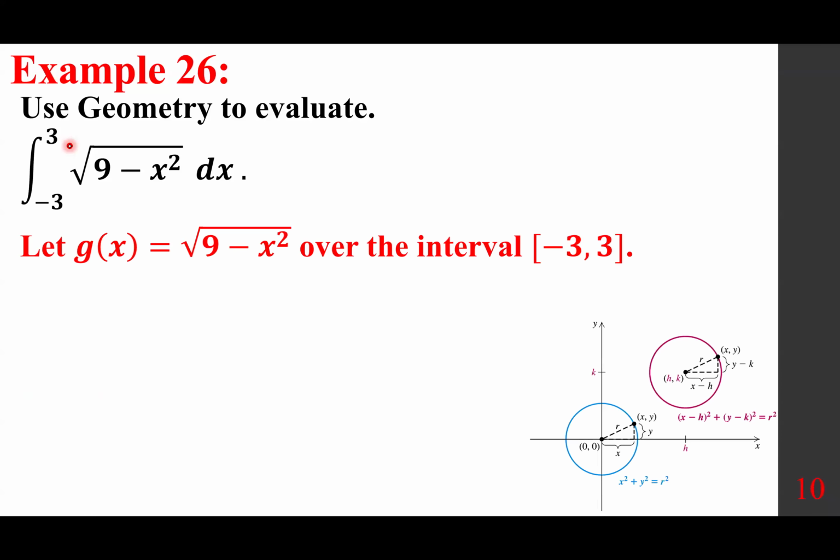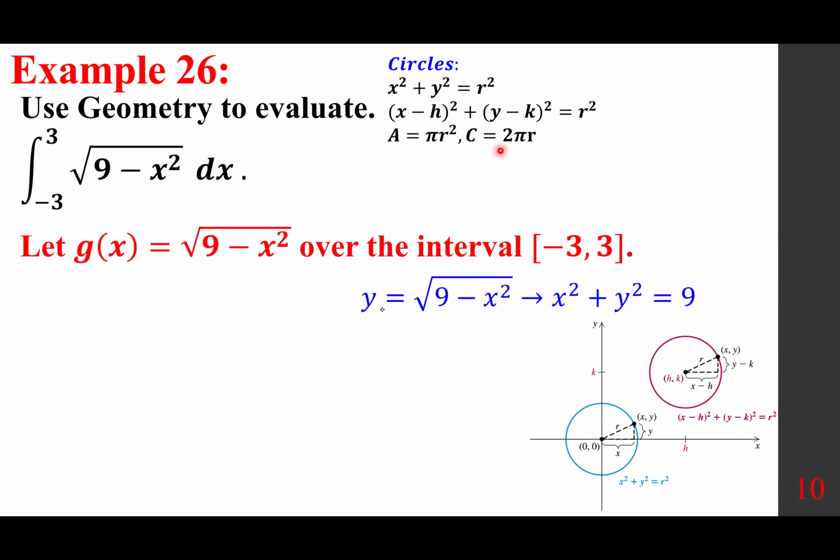Then I want to remind you, a circle centered at 0, 0 is x squared plus y squared equals r squared. If it has a center at (h, k), it's (x minus h) squared plus (y minus k) squared equals r squared. And of course, the area is pi r squared, the circumference is 2 pi r. Needless to say, we are dealing with the area.